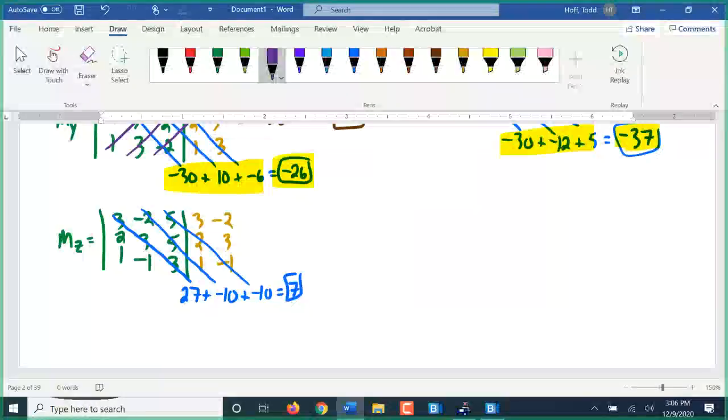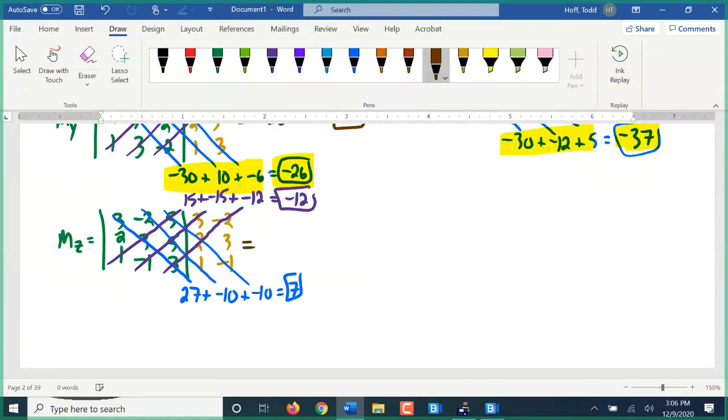My up diagonals, I have 1, 3, 5, which is 15, plus -1 times 3 times 5 is -15, plus 3 times 2 times 2, which is -12. That adds up to a -12 as my up diagonal total. So my Z determinant is 7 minus a -12. Again, remember that's the same as plus a +12, which is 19.